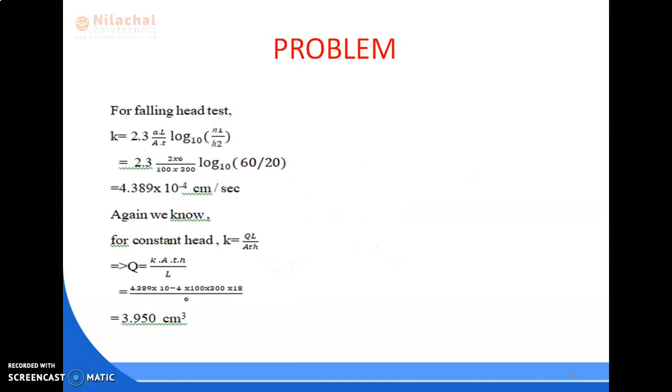So for that, we put this formula for constant head, K equal to QL by AtH, so Q equal to KAtH by L. Here also all the values are given. 4.389 into 10 to the power minus 4 into 100 into 300 into 18 by 6. So our answer is 3.950 cm³. So this is the answer.